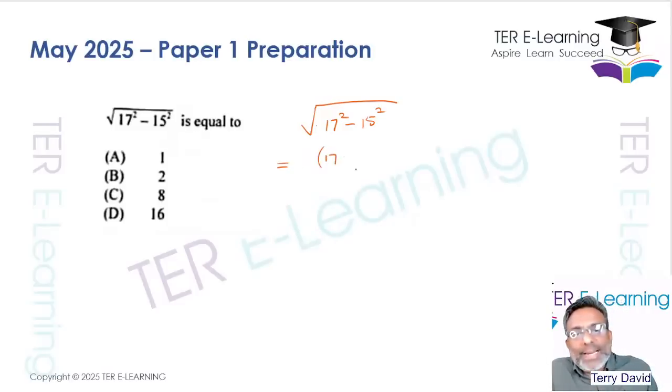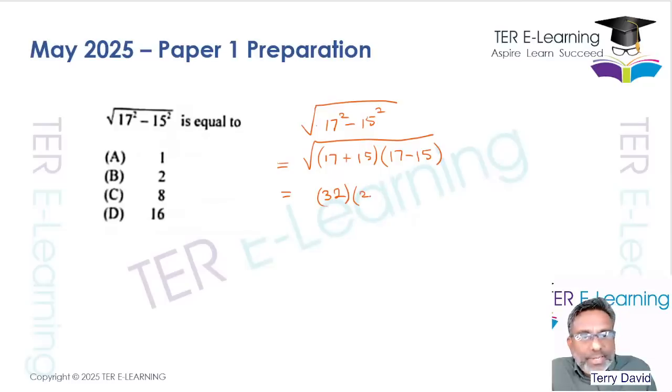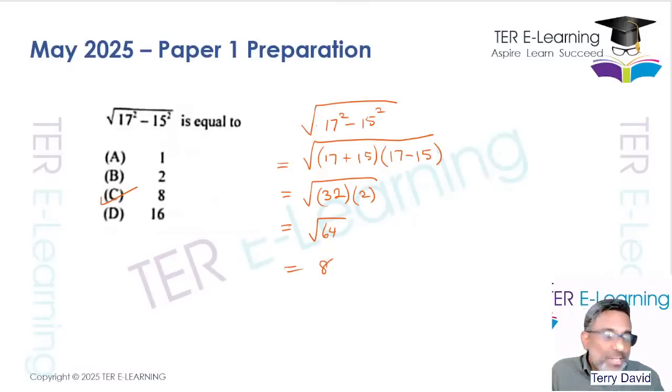You can write that as 17 plus 15 multiplied by 17 minus 15, just like how we factorize the difference of two squares. 17 plus 15 is 32, and 17 minus 15 gives you 2. So this is 32 times 2, that's 64, and the square root of 64 is 8. They're kind of forcing us not to use a calculator here. But the answer is going to be C in this case. Okay?